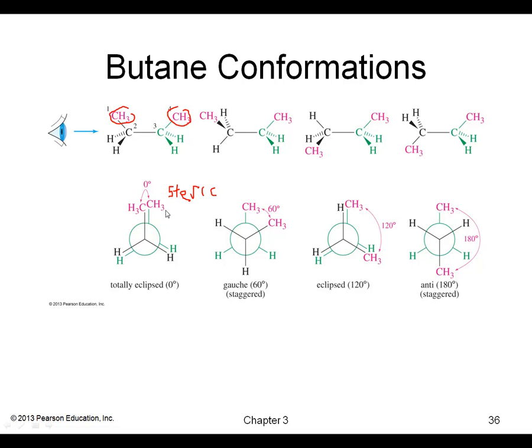Sometimes we call that bumping strain. Here the gauche conformation offers some steric strain, not as much as the eclipsed. And then down here in the anti-conformation, the two CH3s are opposite, and so there's no steric strain. So this should be the lowest energy here.